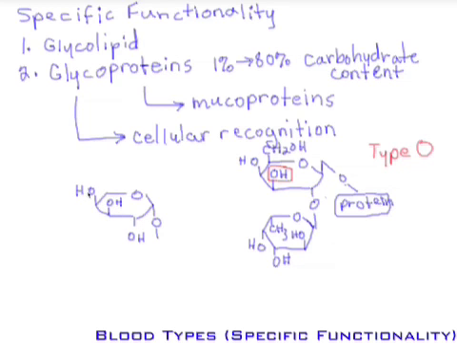And that's a CH2OH. So it looks like we replace the OH that's in the red box with what looks like an alpha D galactose unit. Then we get what is known as type B blood.